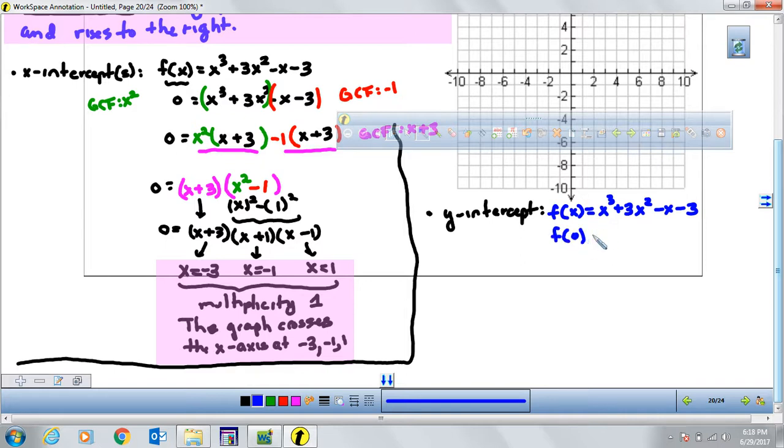So we're going to get 0 to the third power plus 3 times 0 to the second power minus 0 minus 3. So this is going to be a 0 plus a 0 minus 0 minus 3, which gives me a y-intercept of -3. If I write the y-intercept as an ordered pair, it will be the point (0, -3).